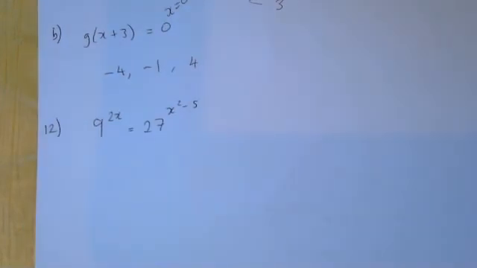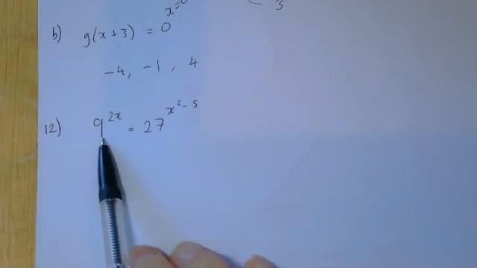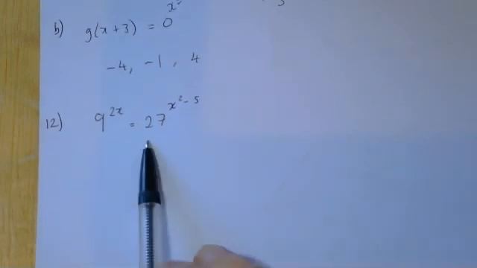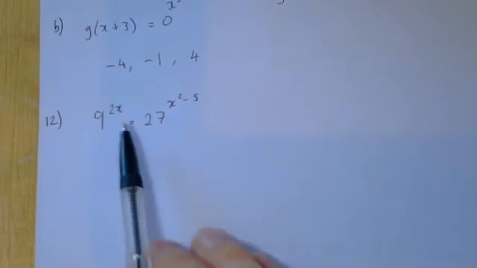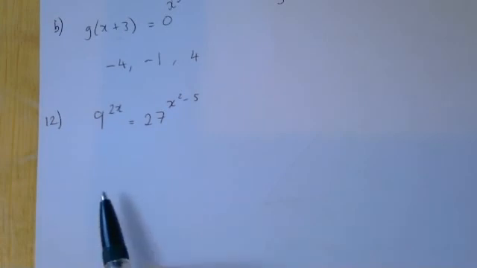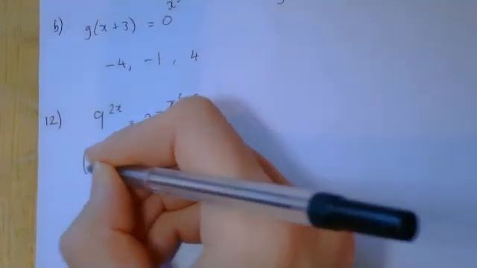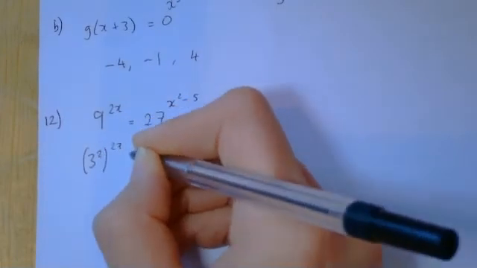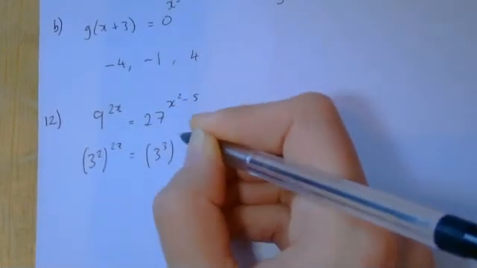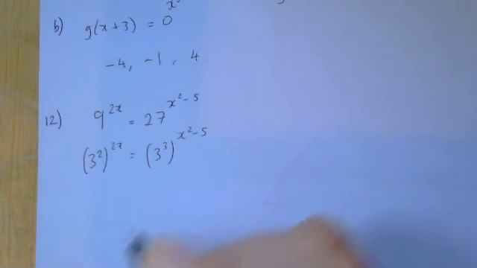which aren't 1 mark. For example, question 12, which is 9 to the 2x equals 27 to the x squared minus 5. Lovely question. Right, we need to write these base numbers as the same, otherwise we can't do anything with this question. So I'm going to write the base numbers as 3.